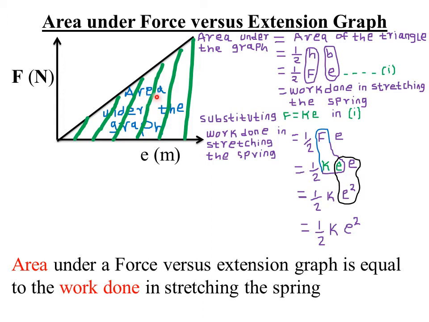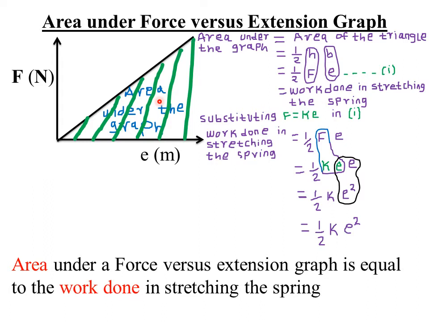So what determines it is actually the shape of the area under that particular graph. If the area is in a rectangular shape, then the work done will be equal to the area of the rectangle. If the area is in a square shape, then the work done will be equal to the area of the square. If the area is in a trapezium shape, the work done will be equal to the area of the trapezium, and so forth.